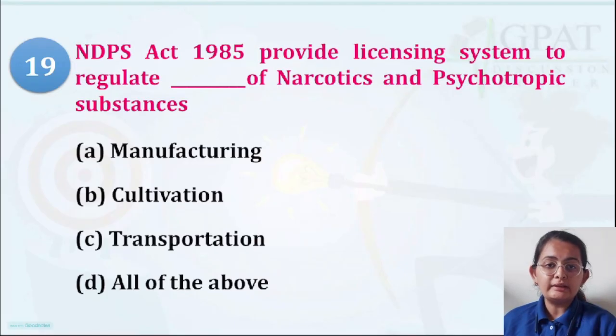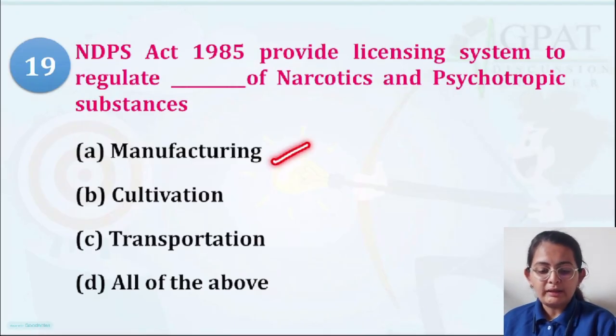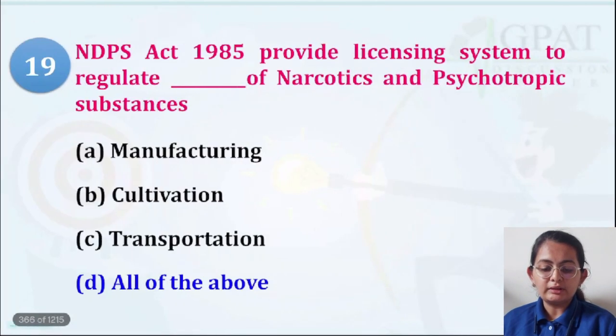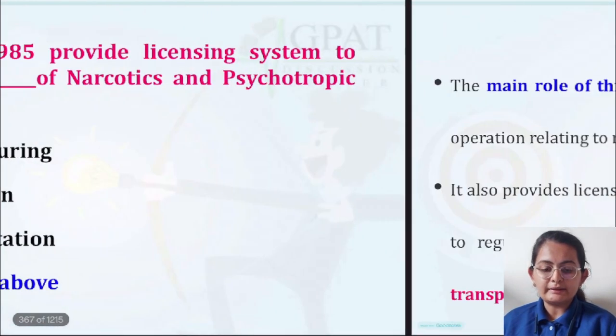Even the slightest error could not be tolerated. Even the slightest weight change during weighing in cultivation, during harvesting, will not be ignored. So manufacturing, cultivation, transportation, all of them are covered under this particular Act.